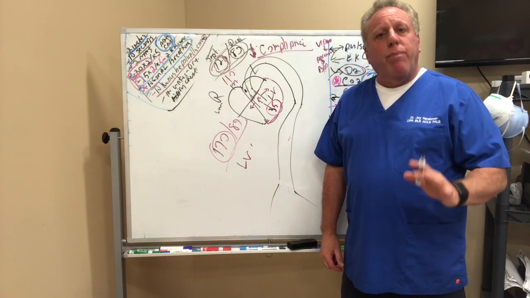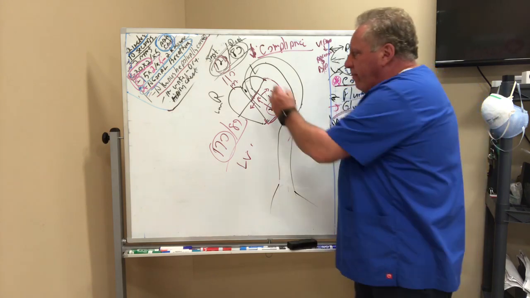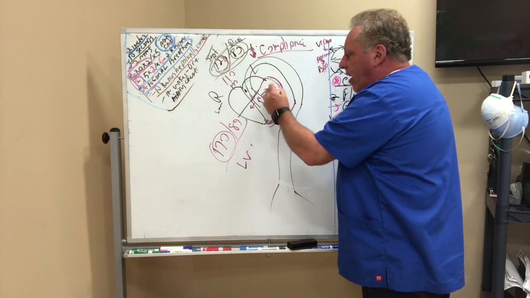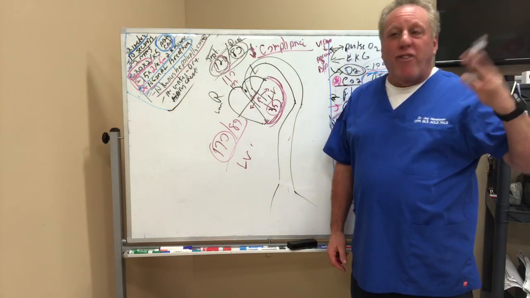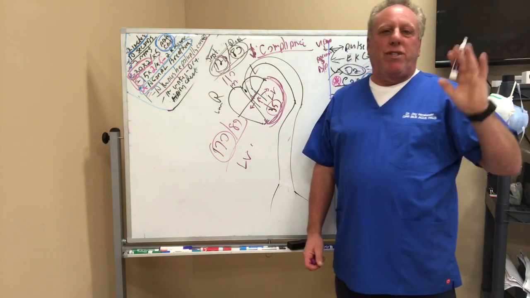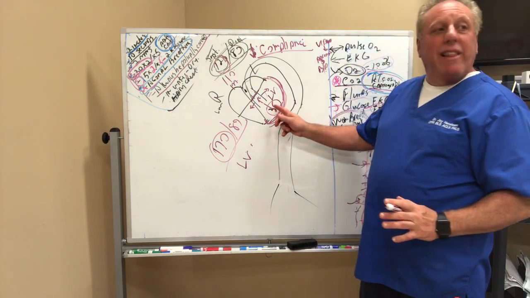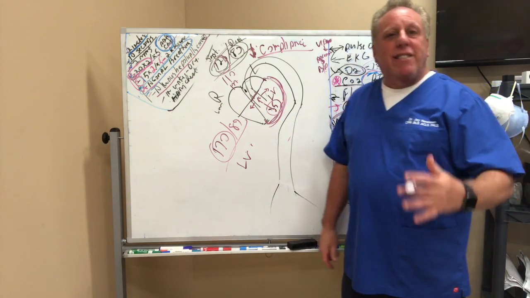Okay? And when there is a problem where now the heart can't pump well because it has congestive heart failure, now you're going to get a stroke volume that's not 65%, but maybe 40%. So now you have more blood left in the heart in your end systolic volume.